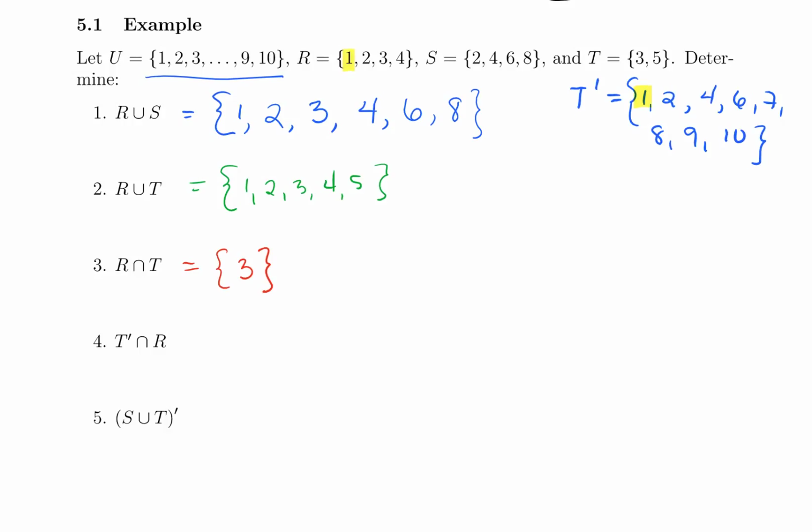There is a 2 in R and a 2 in T complement. There is no 3 in T complement, so we won't keep the 3, but there is a 4 in R and T complement. So our set is going to be just 1, 2, and 4. Those are the elements that are in common between R and T complement.